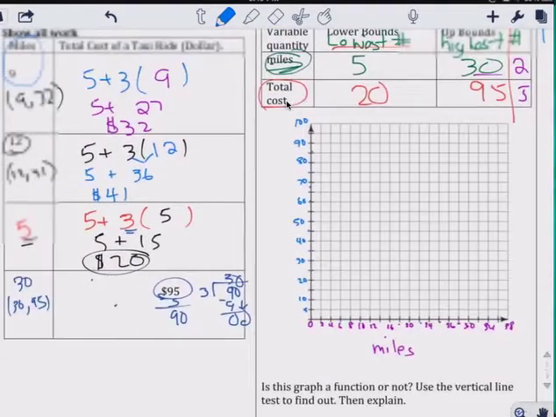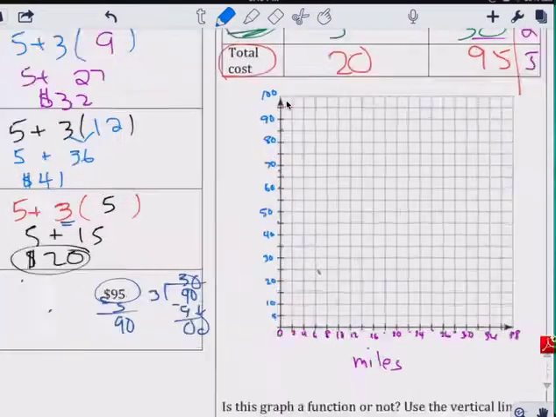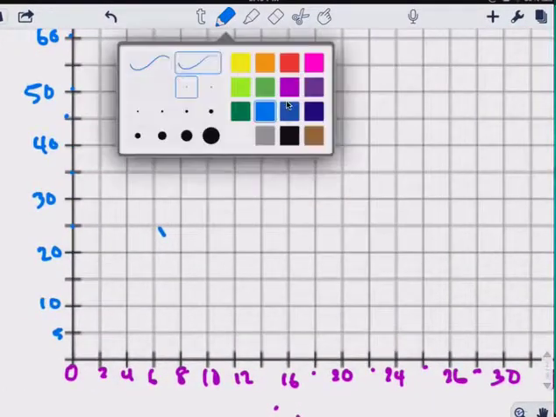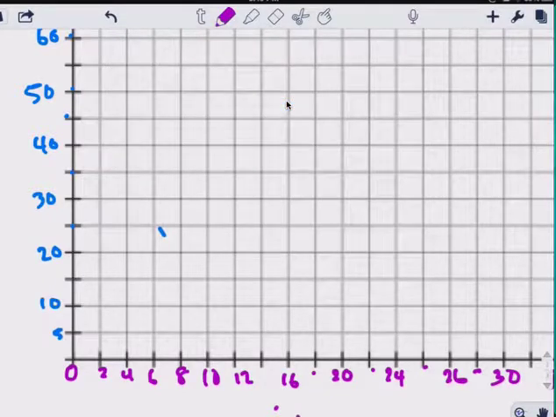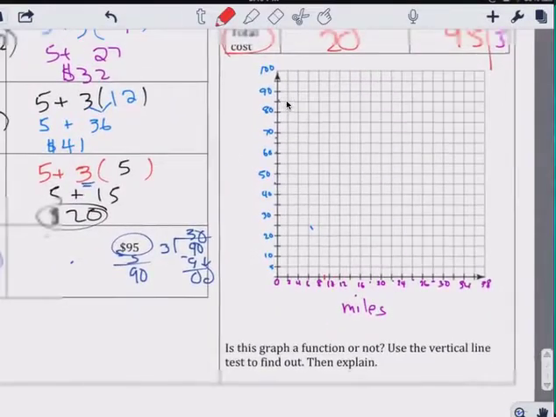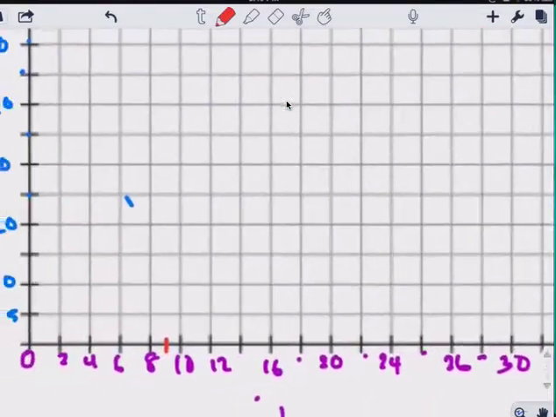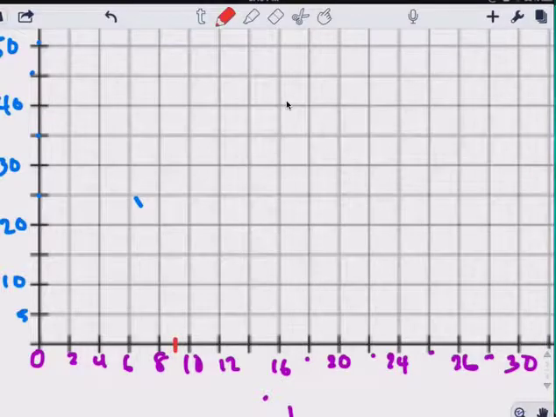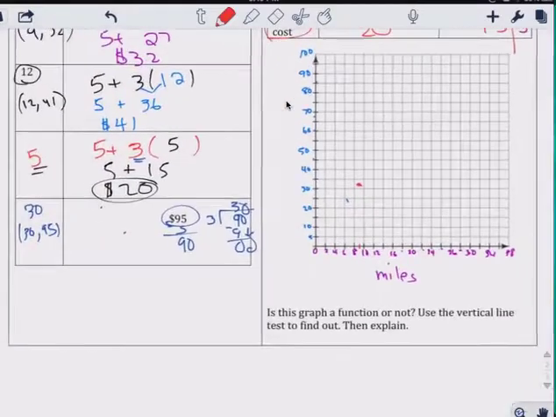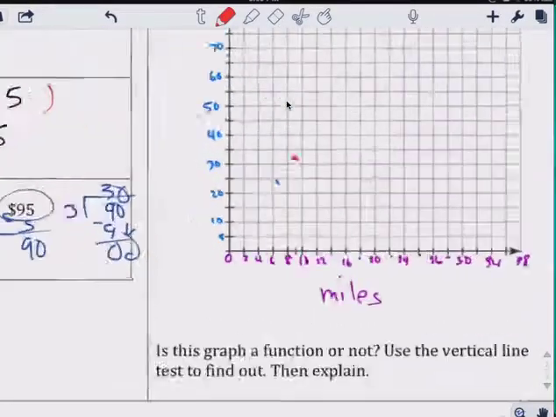Okay, so our first ordered pair is 9 and 32. Well, 9 is between 8 and 10, smack in the middle, right? Here. And go up to 32, about somewhere there. 12 and 41.